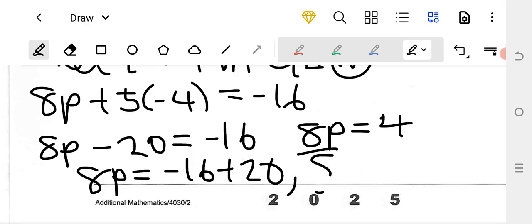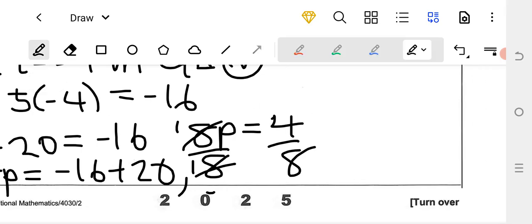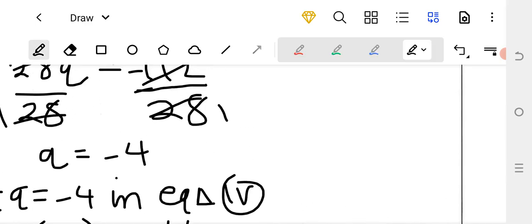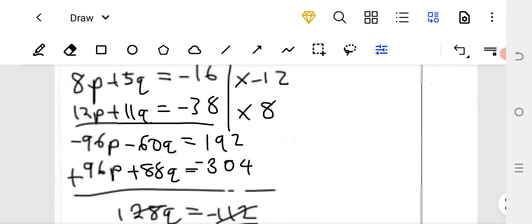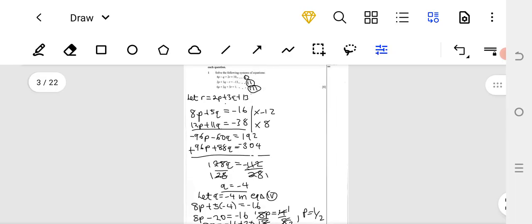If you divide both sides by 8, 8 goes into itself 1, and here 4 goes into itself 1 and into 8 twice. So p will be equal to 1 over 2. And we found our q to be equal to negative 4. So that's what we have done right there.